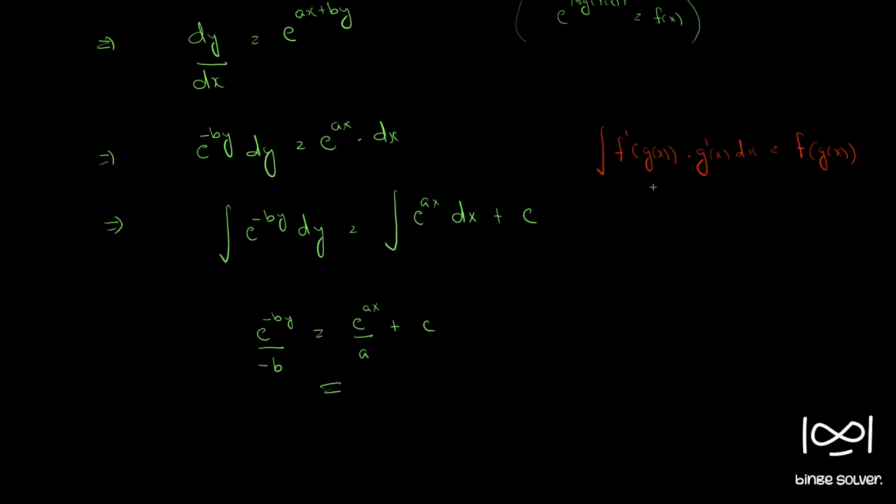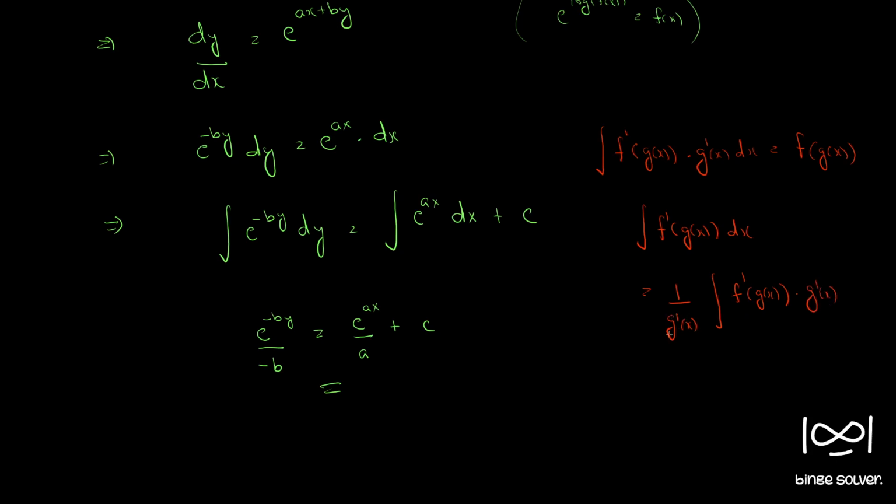And note, if g dash of x is a constant, and the integral is of this form, f dash of g of x dx, what we can do is just divide and multiply by g dash of x.